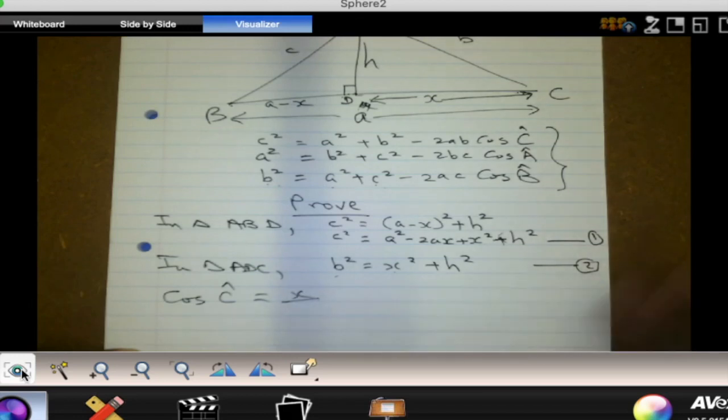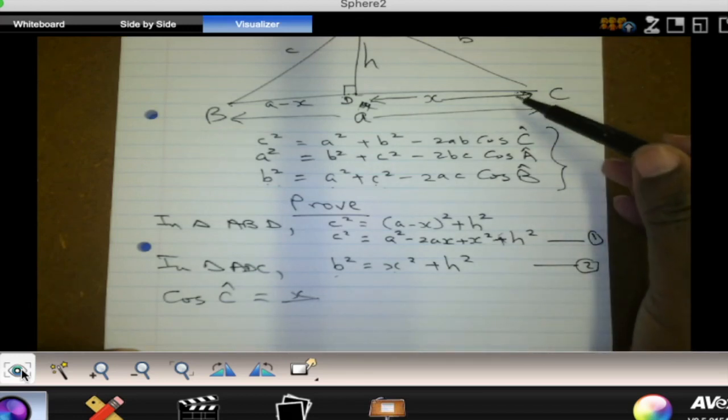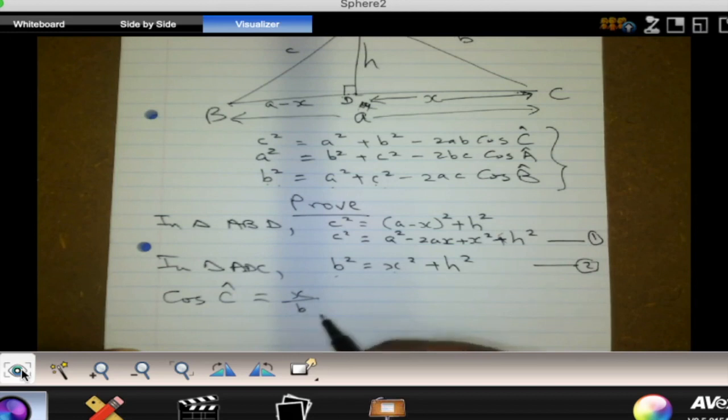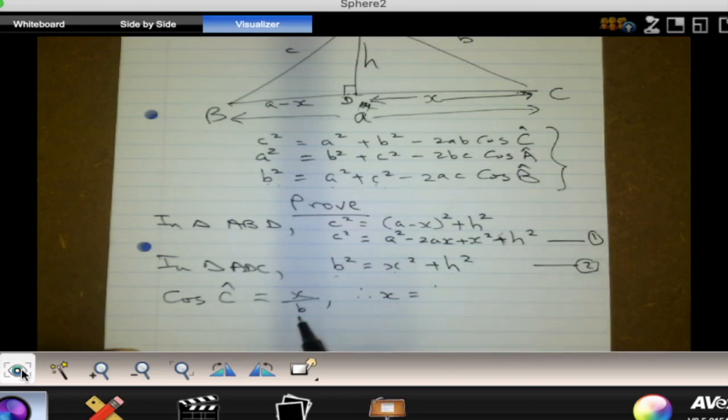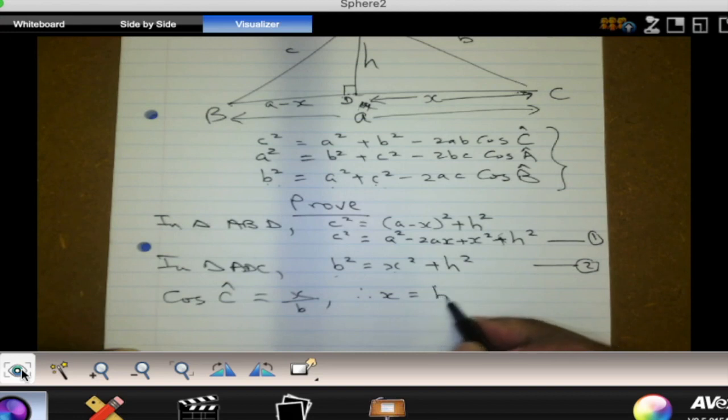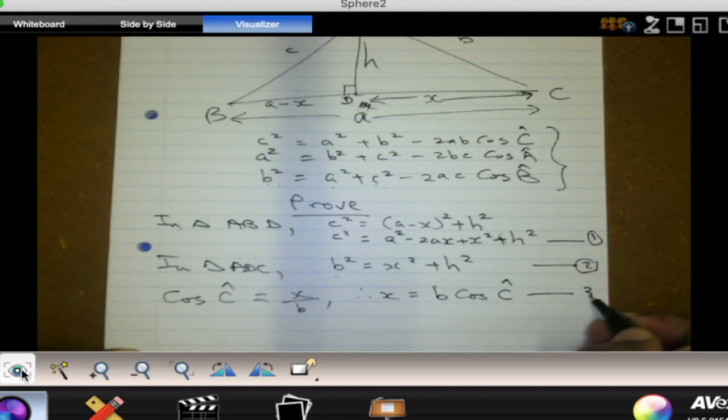Okay, it's x, and the hypotenuse is b. So if we rearrange that, what is x equal to? We just need to move the b away, right? Move the b to the other side. So we get b cosine of angle C. So this is our third equation.